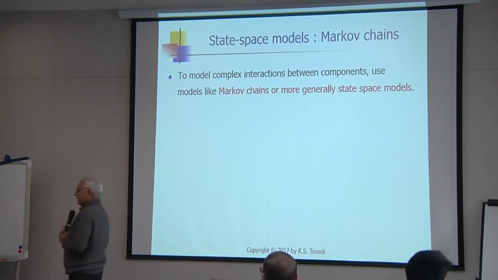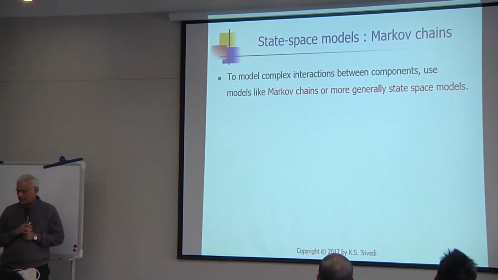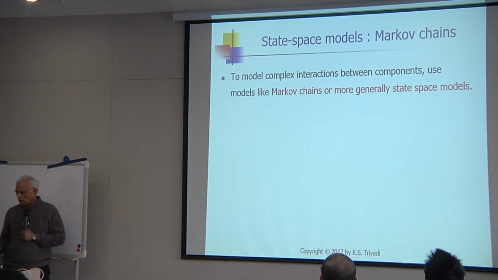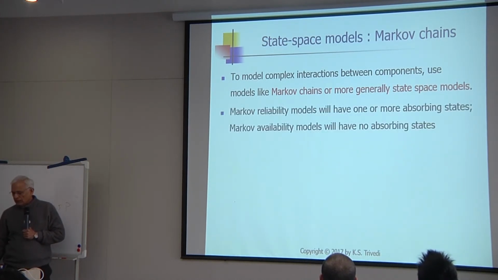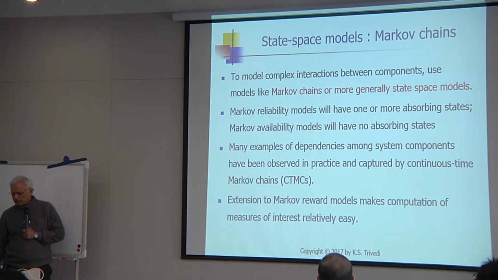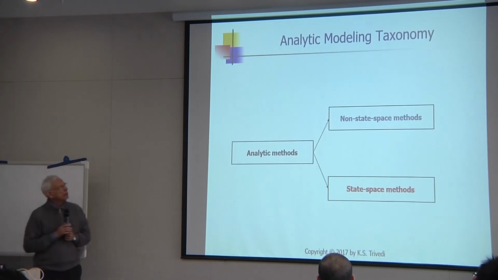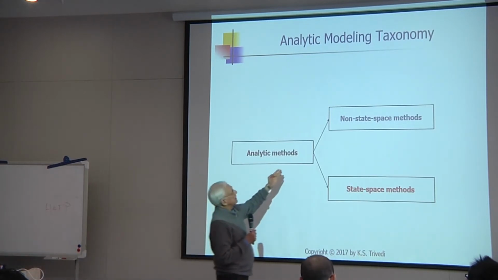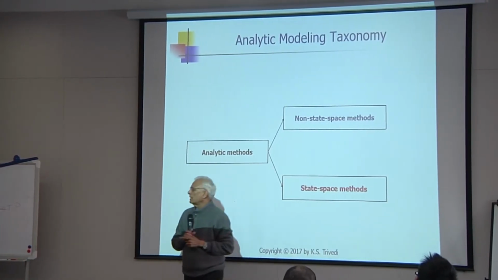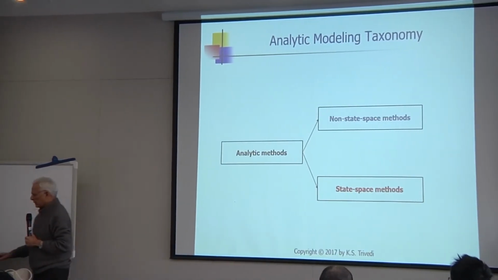So to model various kinds of dependencies, complex interactions between components or within components, Markov chains or more generally state space methods can be used. And I'm going to skip some of these things here. But so we have now advanced analytic solutions from non-state space to state space. And let me show you some examples of state space models.